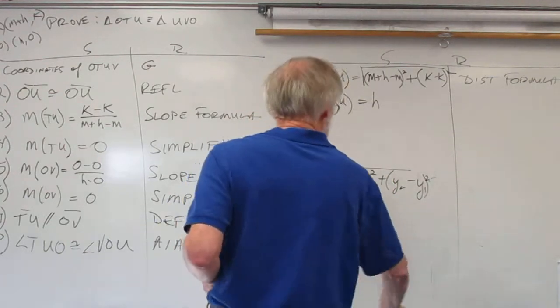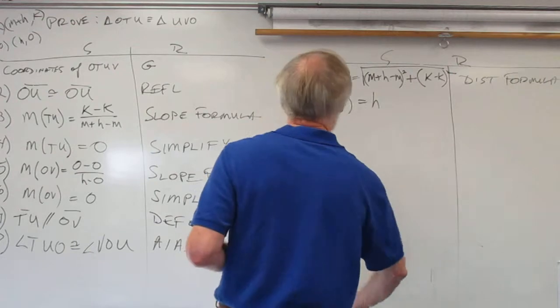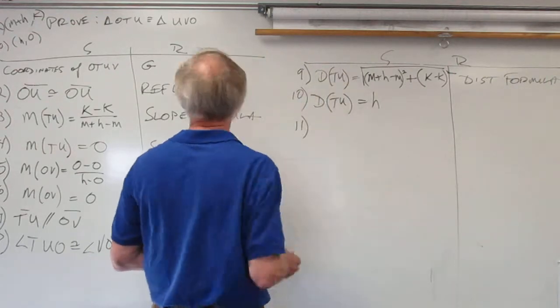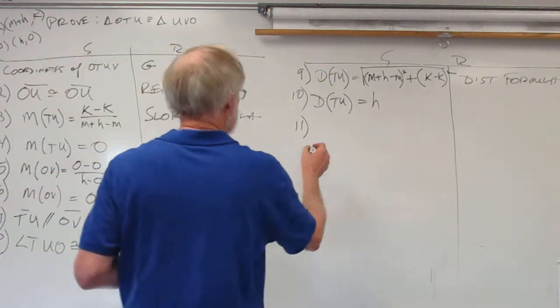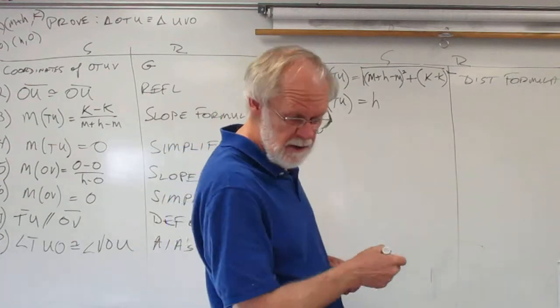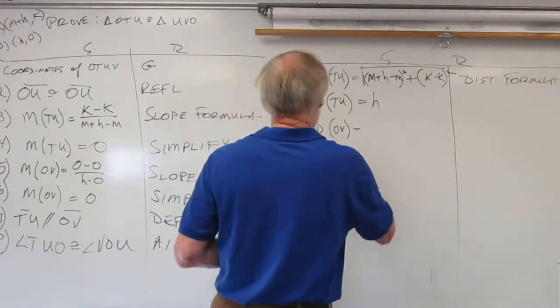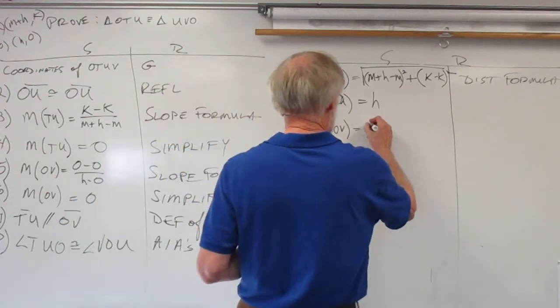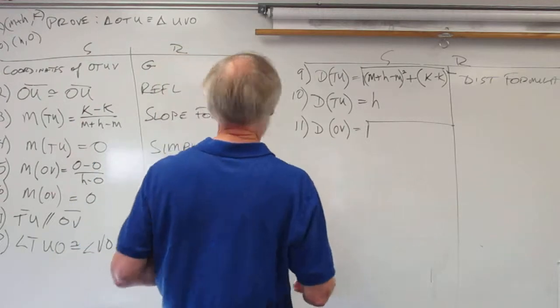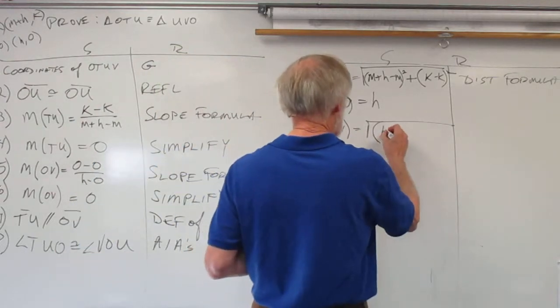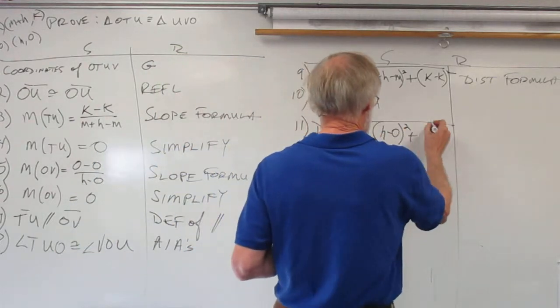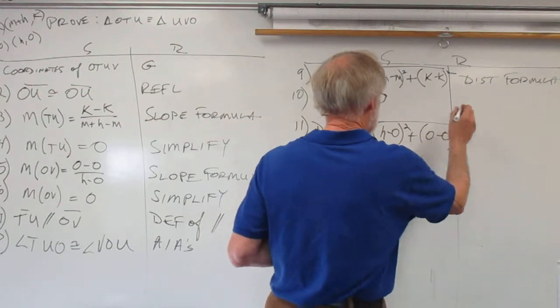Now, let's take a look at the other one, which is much easier. The distance of OV is equal to the square root of, in this case, h minus 0 squared plus 0 minus 0 squared.